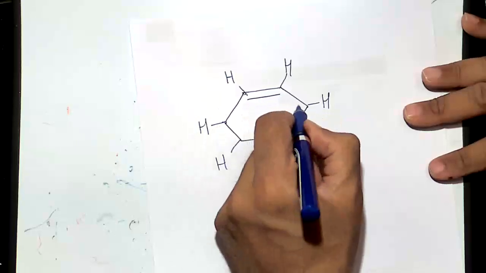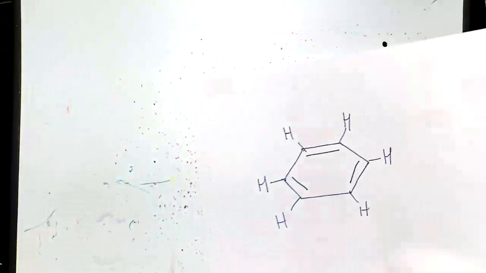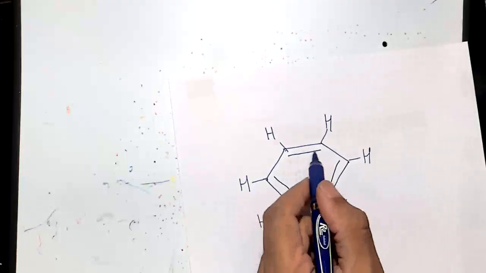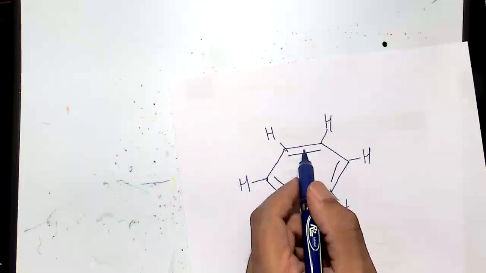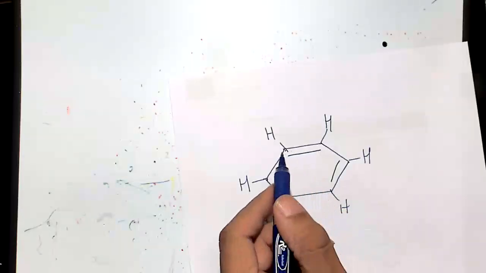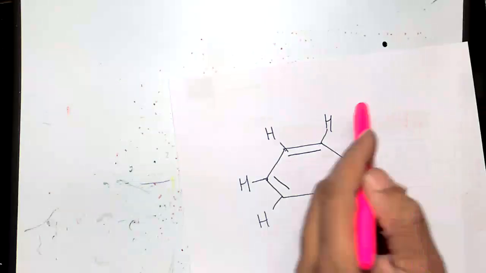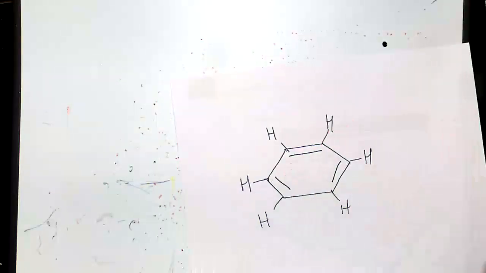We have a double bond here, alternating double bonds. But we know a double bond is an overlap of 1 sigma and 1 what else? P. 1 p. So this is a pi bond.